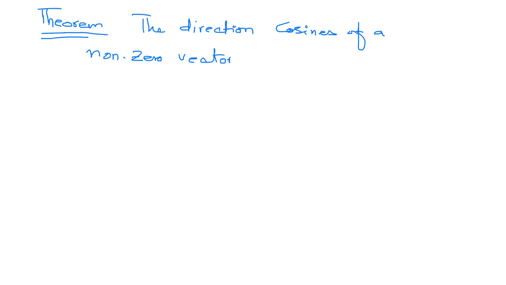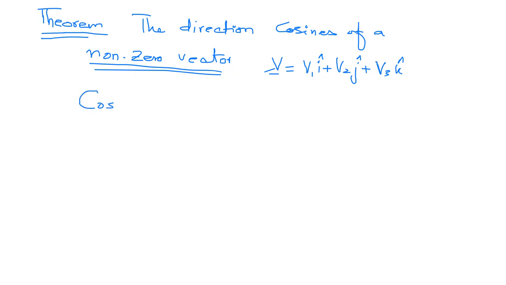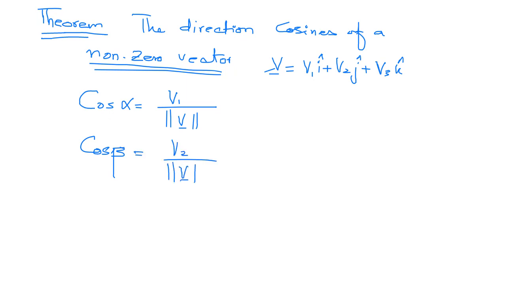So non-zero vector v equals v1 i plus v2 j plus v3 k, and cosine of alpha is equal to v1 divided by the magnitude of v, cosine of beta is equal to v2 divided by the magnitude of v, and cosine of gamma is equal to v3 divided by the magnitude of v.